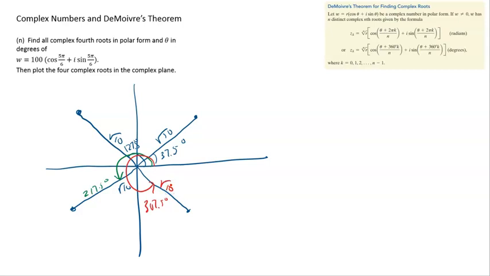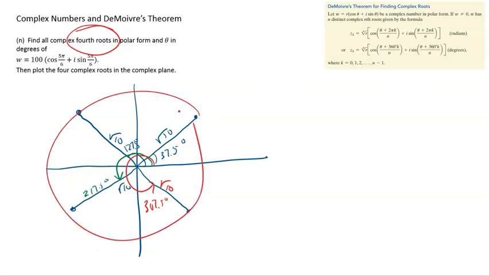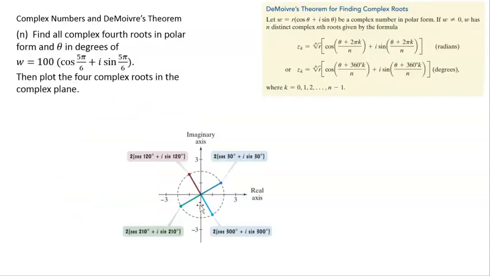Now, here's the point I'm trying to make. If you have 4 roots, they are going to divide the circle up into 4 equal parts, where each one is the same length, which is equivalent to your modulus, which is kind of interesting. If I looked at another example, this is not the problem we just did, this is a different example that's a lot easier to look at.